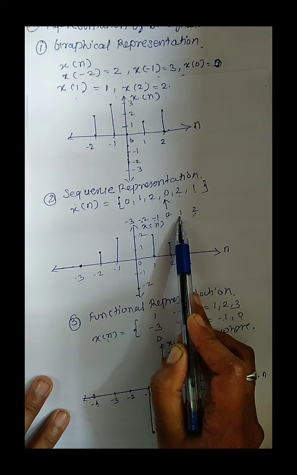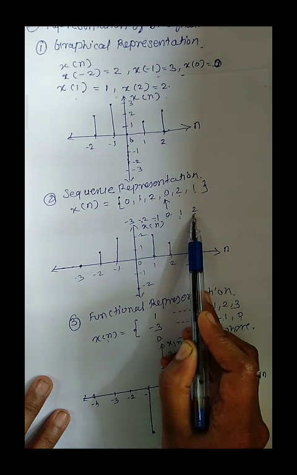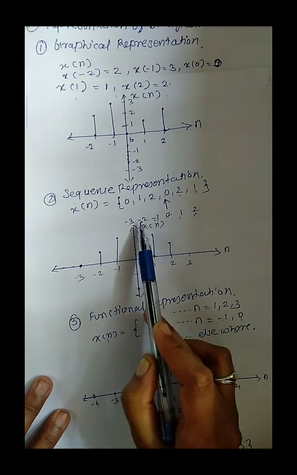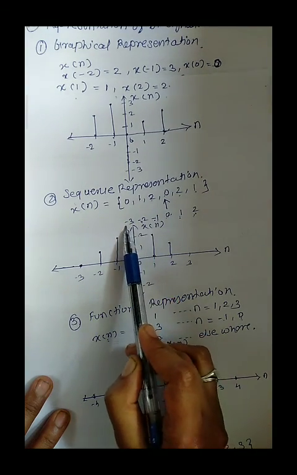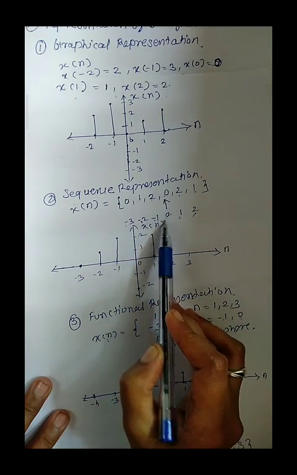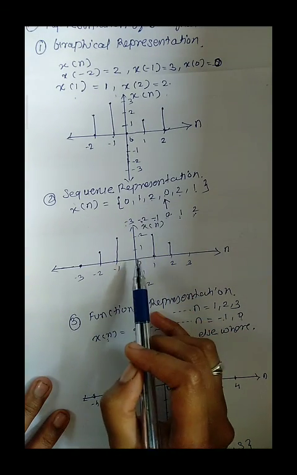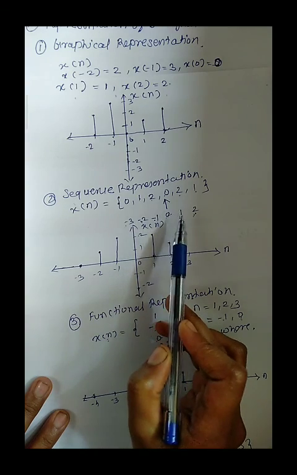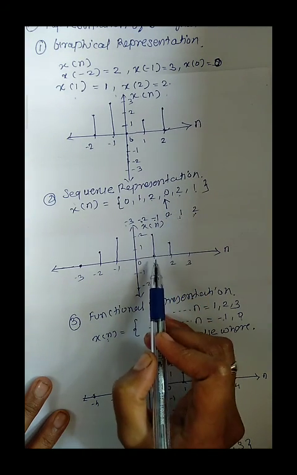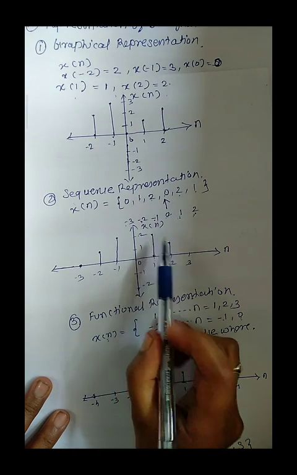Then value of n is 1. Value of n is 2. Here value of n is minus 1, value of n is minus 2, value of n is minus 3. So the value at 0 is 0. The value at 1 is plus 2.